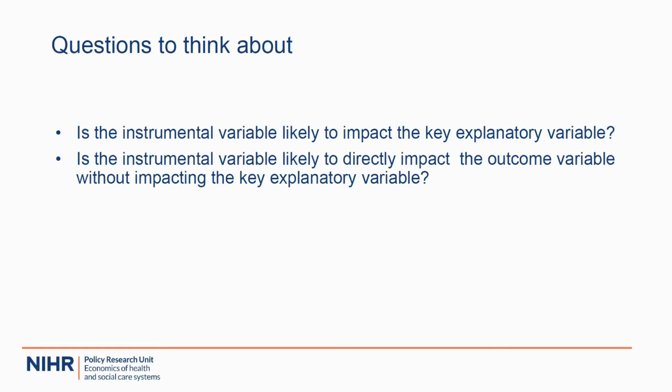So there are two key ones, I would say. The first is, is it likely that what's being described as the instrumental variable, in this case congestion, is likely to impact the key explanatory variable, in this case waiting time? Does that sound like a reasonable thing? That was the first arrow along the bottom in the previous slide. And then the second bit is, is the instrument likely to directly impact the outcome variable, not only because it's affecting the variable of interest, but going directly?